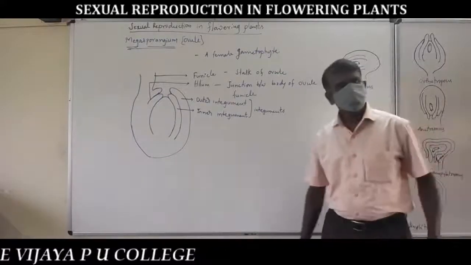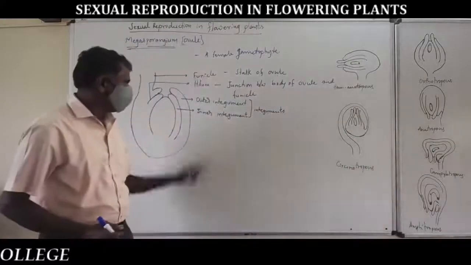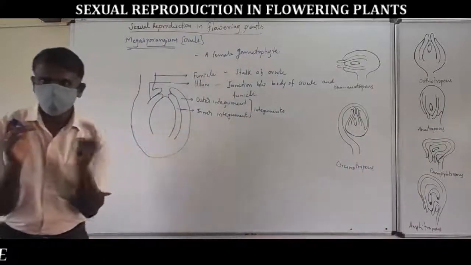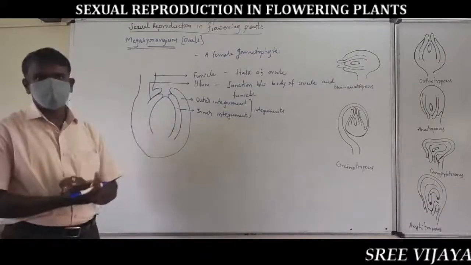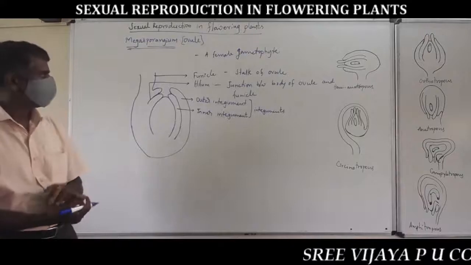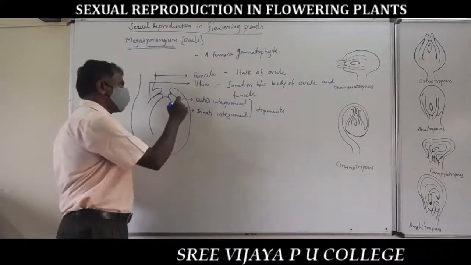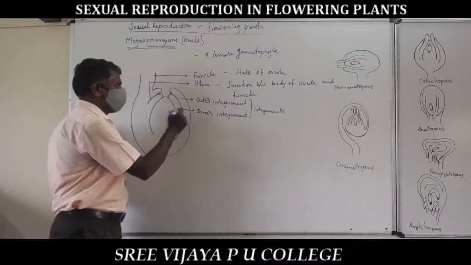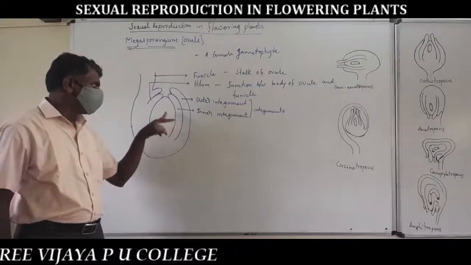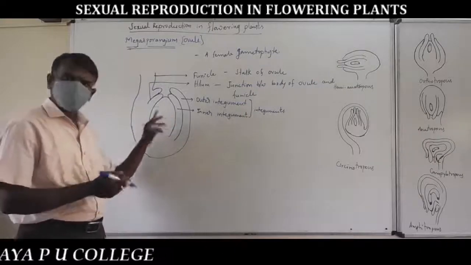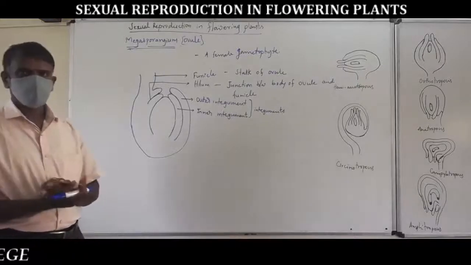In bitegmic ovules, the covering layers protect the entire embryo sac, which is present inside the nucellus. Sometimes below the integuments there is presence of nucellus, and sometimes the nucellus is absent.